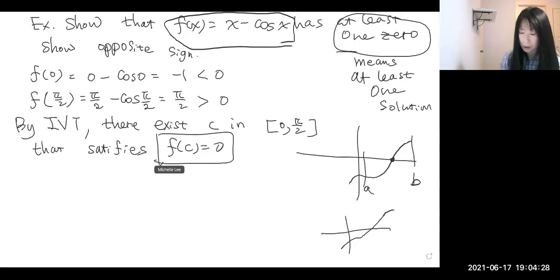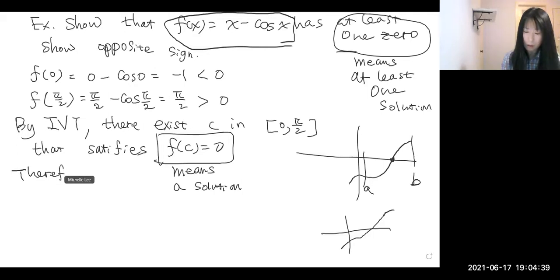This is the solution, right? Okay, so therefore f has at least one zero, it might be more.